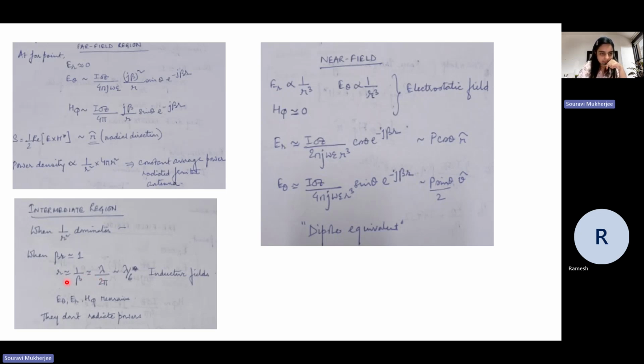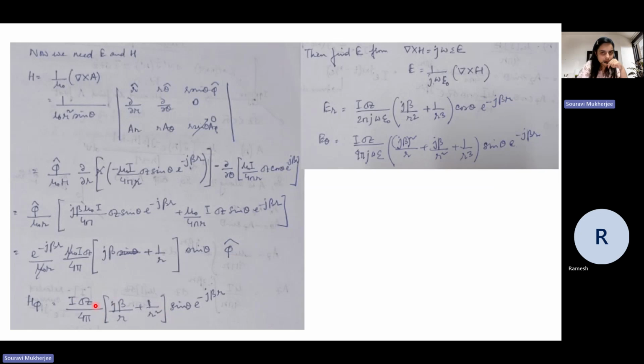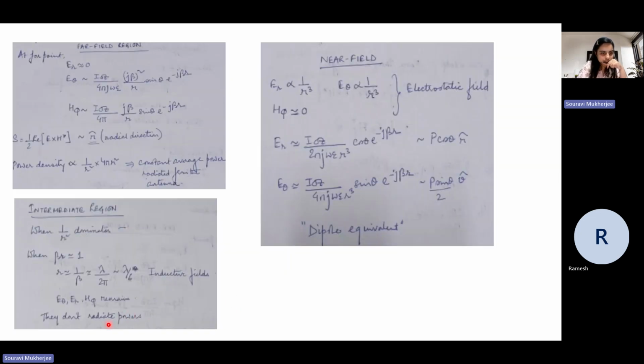So if your distance r is comparable to lambda by 6, this is the intermediate regime, where 1 by r squared dominates. In these regions, all these terms become constant quantities, so they don't really radiate power. These are what we call inductive fields, because they are storing energy in that regime.